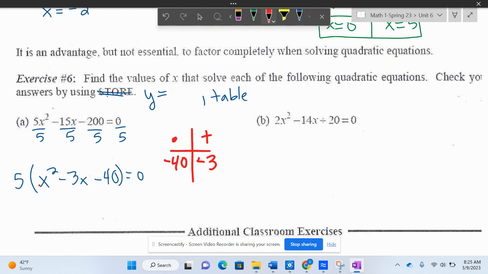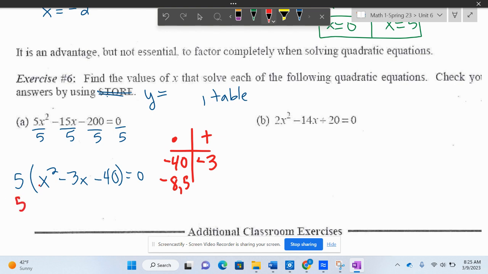What are two numbers that you can multiply together to get 40? 2 times 20, 4 times 10, 8 times 5. What if I used a negative 8 and a positive 5? Would that work? Negative 8 times 5 gives me negative 40. Negative 8 plus 5 gives me negative 3.